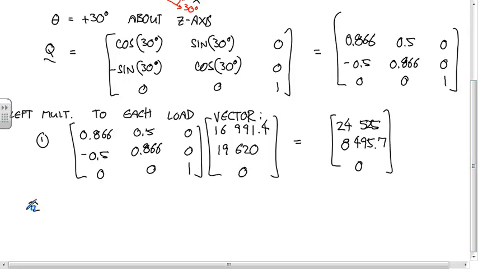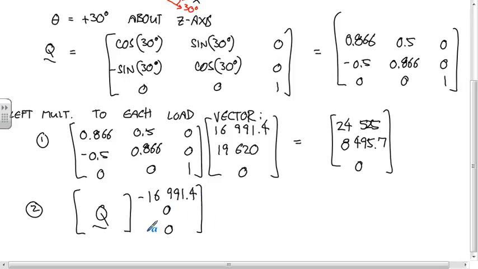For the second load, I'm not going to keep writing this, but we have Q multiplied by this, the one at B, so this is negative 16,991.400, and we get a value of negative 14,715, a y component of 8,495.7, z component is 0.